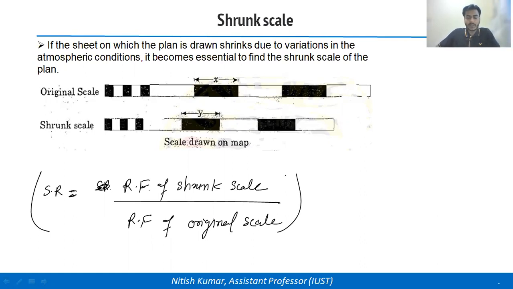So now when you are going to write, we can write here shrinkage ratio is shrunk length divided by original length.